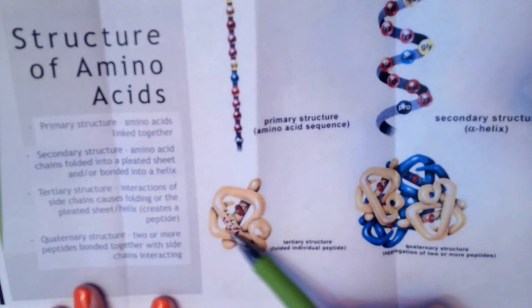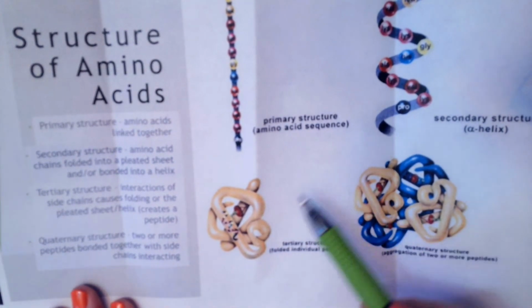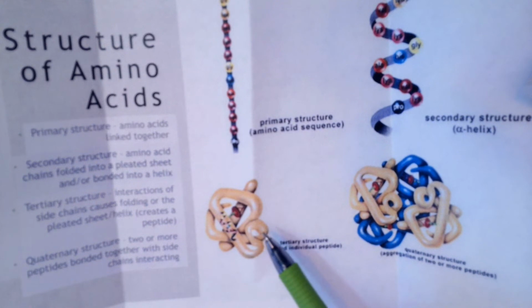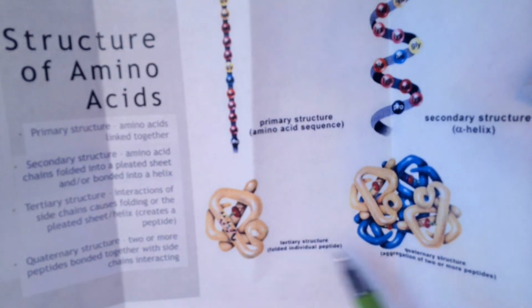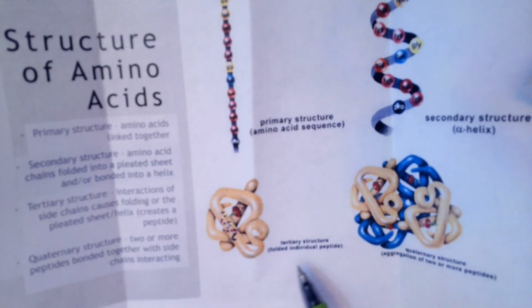Now, once you have this really folded, whether it's a pleated sheet or a helix, or a combination, then we have what's called the peptide. So this would be just an individual small protein structure.